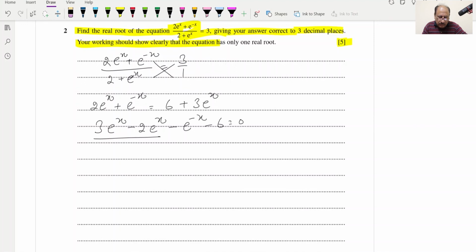Now adding like terms, we get e raised to the power x minus e raised to minus x minus 6. Basically this should be plus 6, because 6 we are not shifting to the other side, so this will be plus 6 is equal to 0. Now this can be written as e raised to x minus 1 over e raised to x plus 6 is equal to 0.